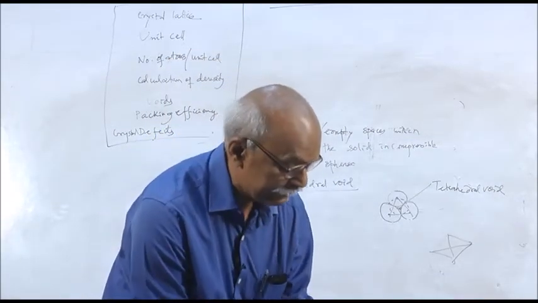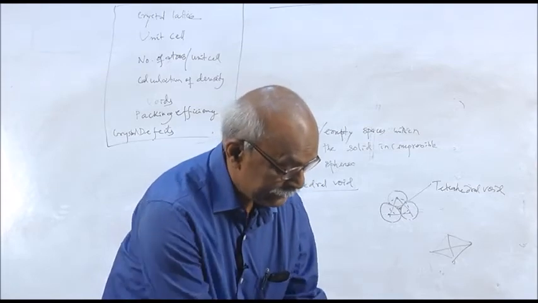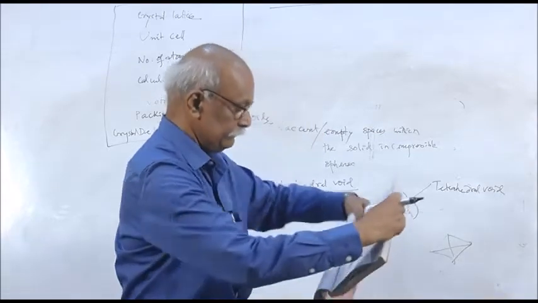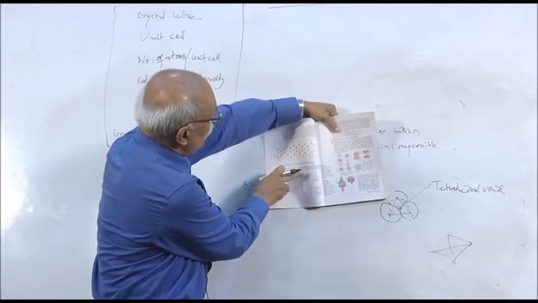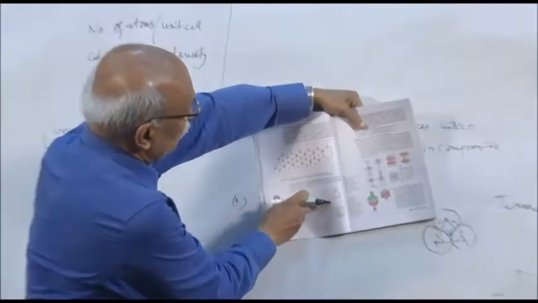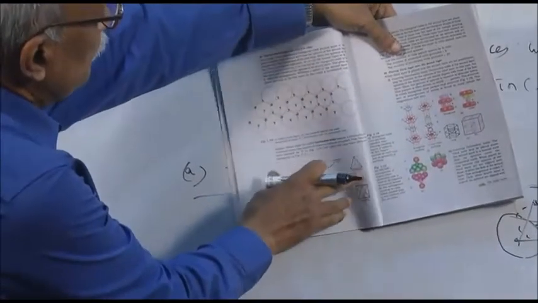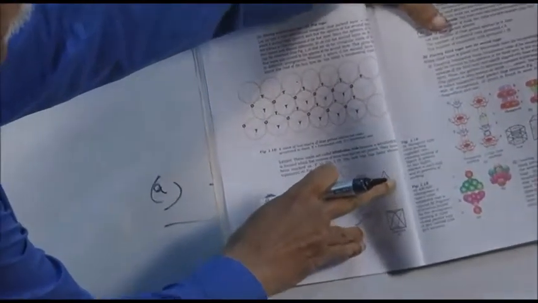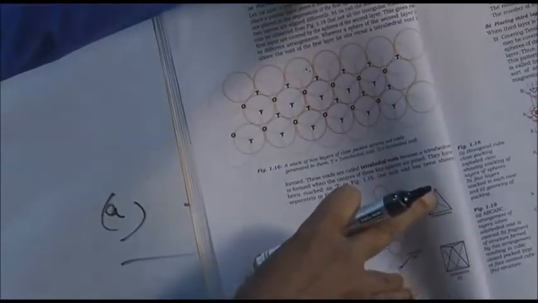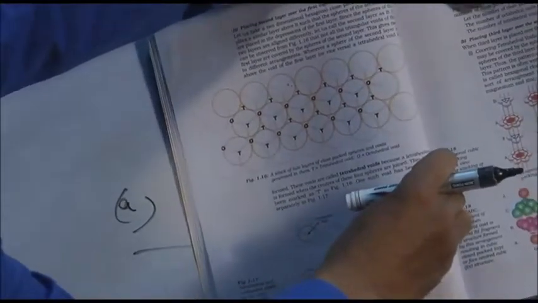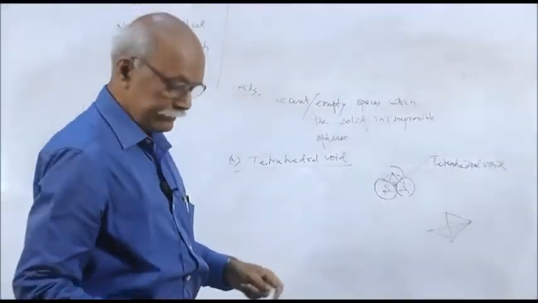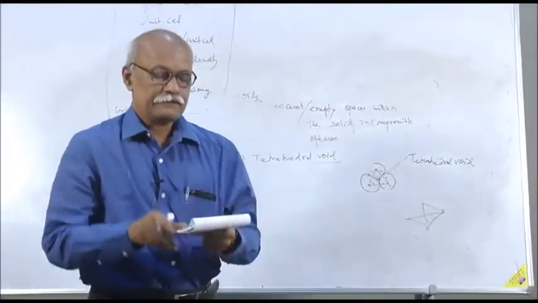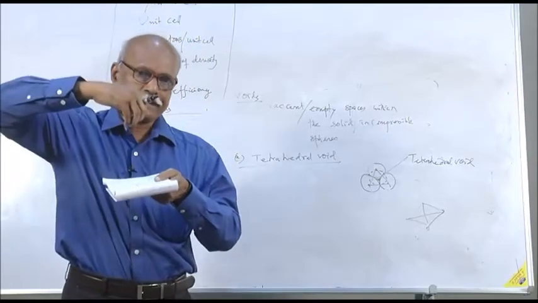The diagram is also there in your text. These are the three, and this one is above them. This is a tetrahedron; tetrahedron means four sides. This point is not in the plane, it is above. Imagine a triangle, and you put a point above it.